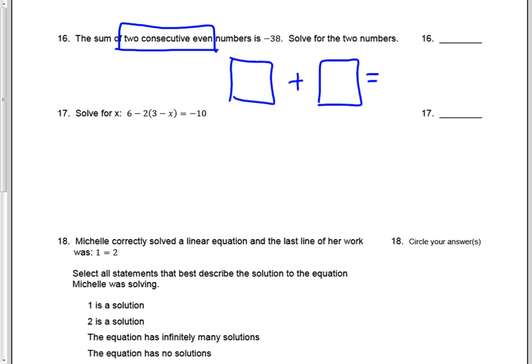Let's do this. That's what you were trying to figure out. 2 numbers that add up to negative 38 that are consecutive and even. Then won't they both have to be negative? If you're adding them up, then you get a negative?